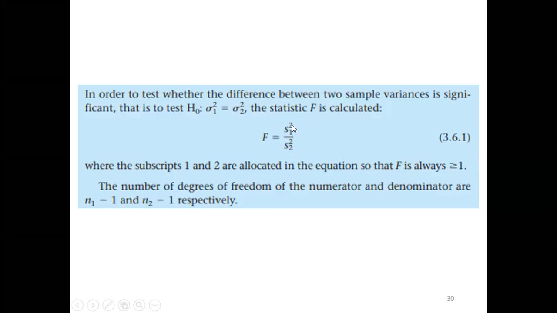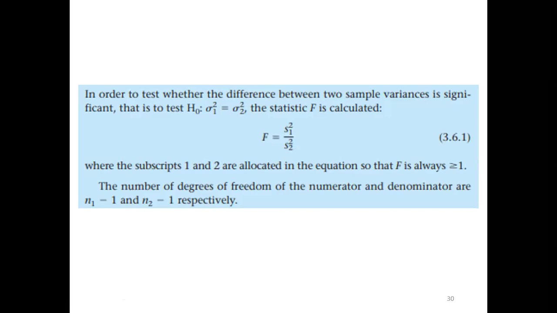So S1 squared should be higher than S2 squared. That is how we substitute values into those two terms, because we can pick any method as method 1. So whenever you pick, always substitute the method with the larger number into S1.